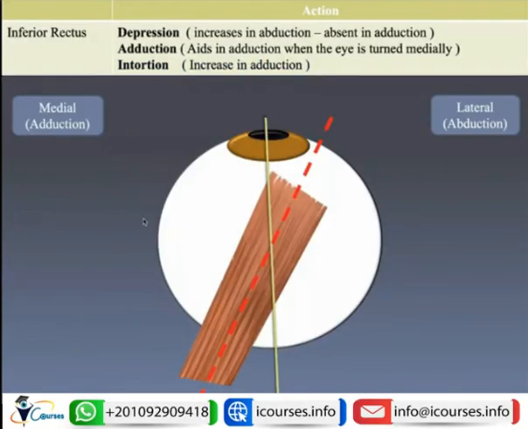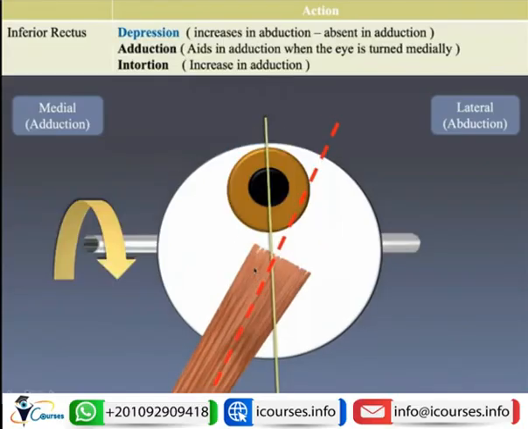Okay. What about the inferior rectus? Here we are looking at the inferior rectus, which has the same axis and the same angle with the axis of the globe as the superior rectus, but it is just from below. So what will be the action of the inferior rectus? The inferior rectus will cause depression. If the muscle is contracted, it will cause depression of the eye due to a movement of the eye along the horizontal axis.